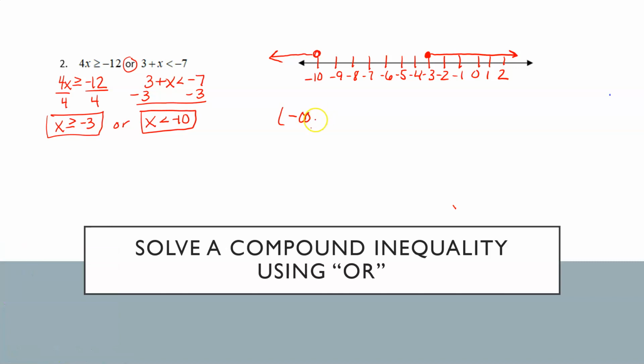And then it ends at negative 10. It's an open dot, so I'm going to use parentheses. So now I'm going to show that this is an or with my union symbol. And now I have this side. It's a closed dot on negative 3. So my left side is negative 3. And it goes on forever. So that's infinity. And infinity always has that parenthesis to close it up.